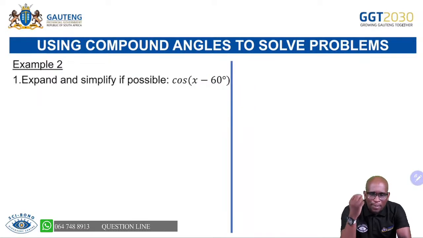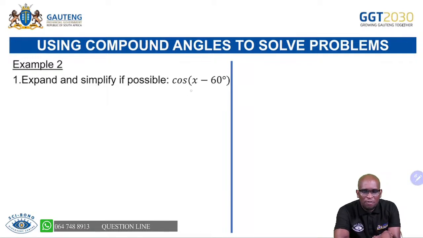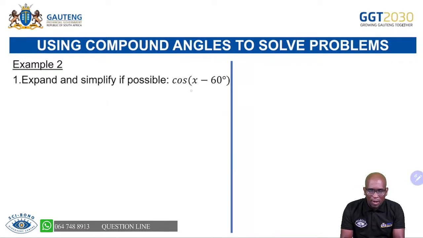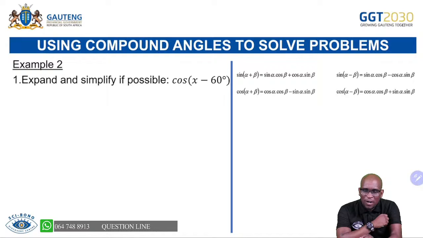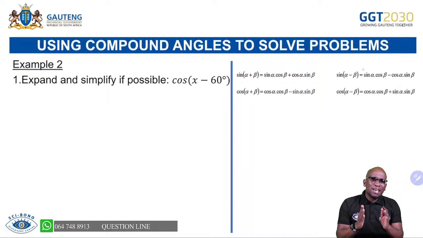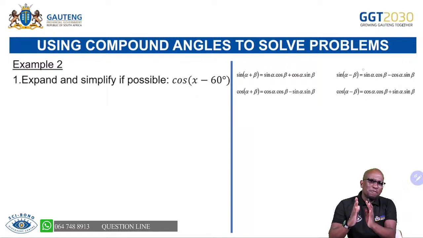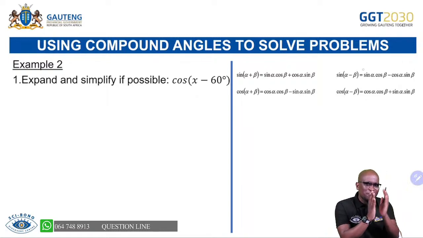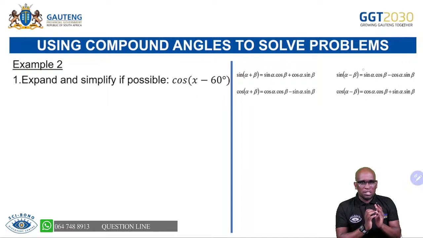Now we are applying the formulas that we proved. We are applying them in order for us to solve problems. Now, expand and simplify, we have the cosine of x minus 60. I'm flagging here the four formulas that appear in the formula sheet. As I expand, I make reference to the formulas that are in the formula sheet to say we will be using this one.